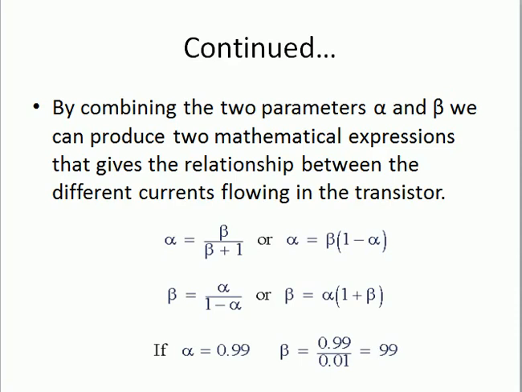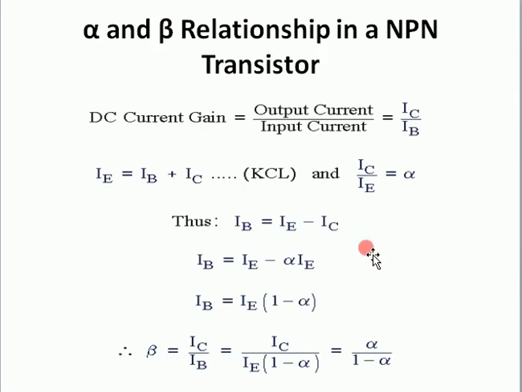One more thing: here alpha is equal to IC over IE, and the base current is very small in amount, so it is approximately equal to 0. That's why IC is approximately equal to IE. So alpha is equal to IE divided by IE, that is equal to 1.